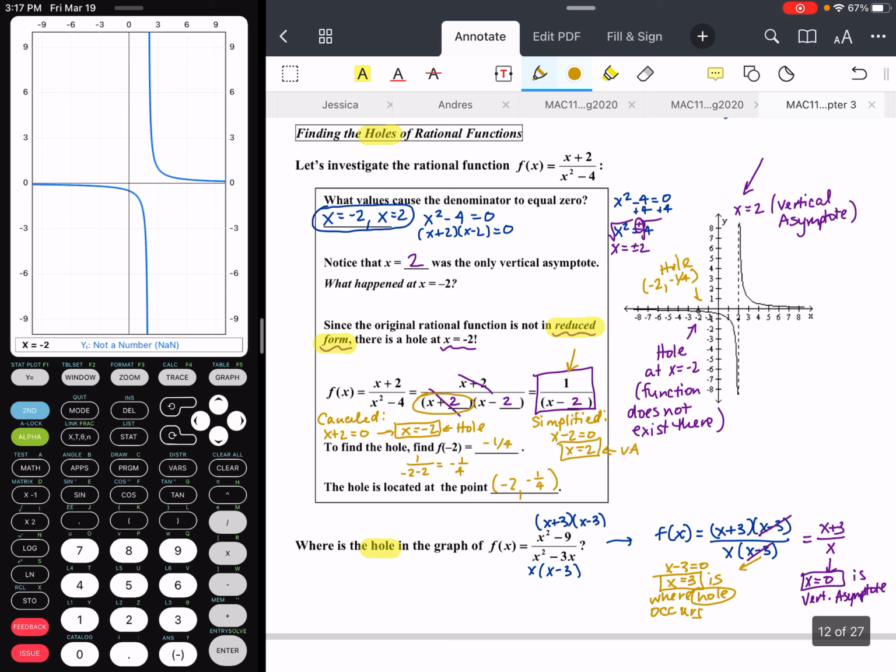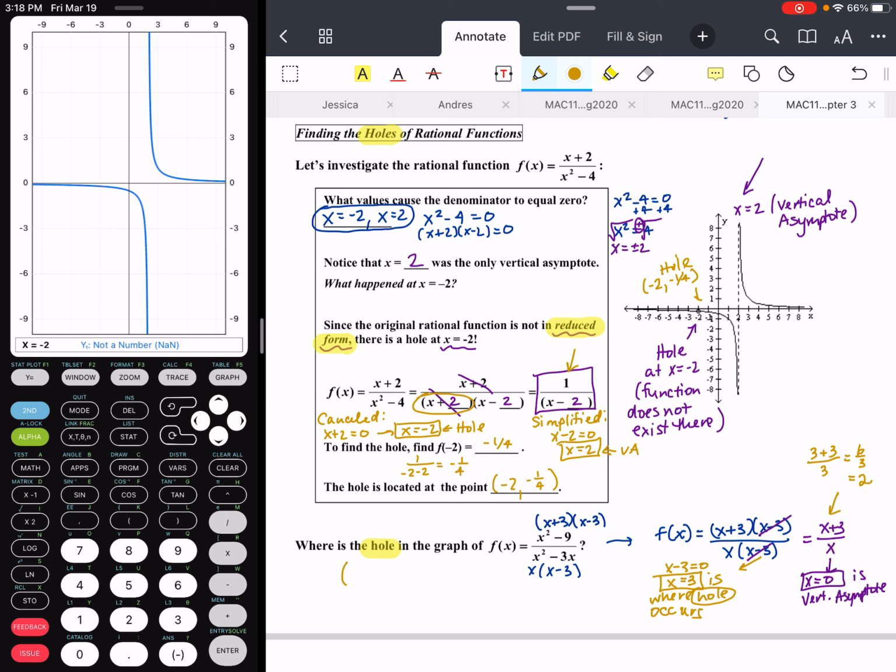Okay, so where's the hole in the graph of f of x equals x squared minus 9 over x squared minus 3x? The hole would exist at x equals 3, and if you want to find where the y value would be if the function existed at that point, you can use the simplified version of the function. So putting in x equals 3, we'd have 3 plus 3 in the numerator, 3 in the denominator, 6 over 3, which gives me 2.